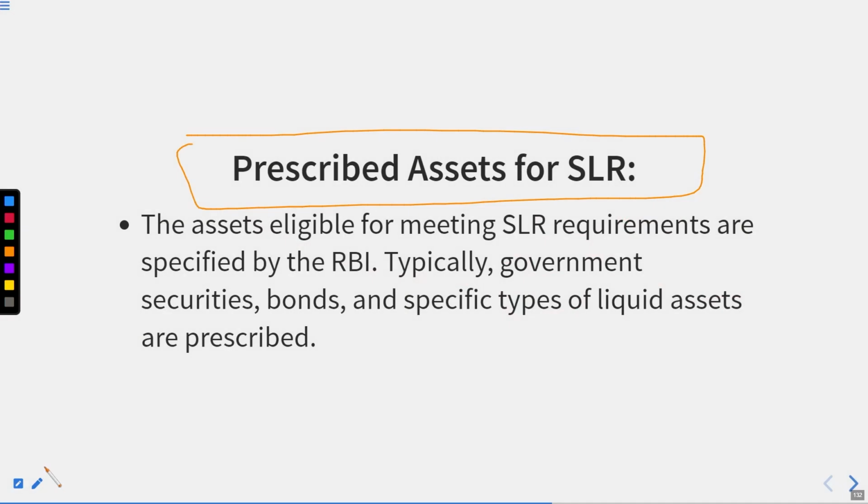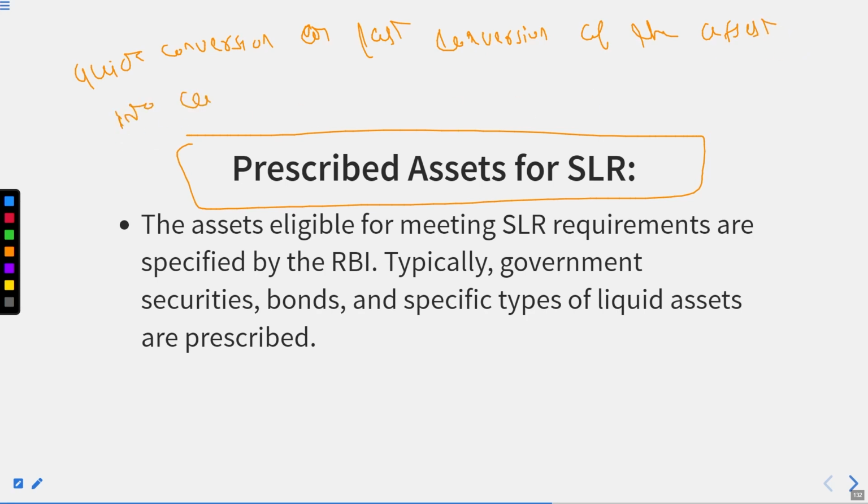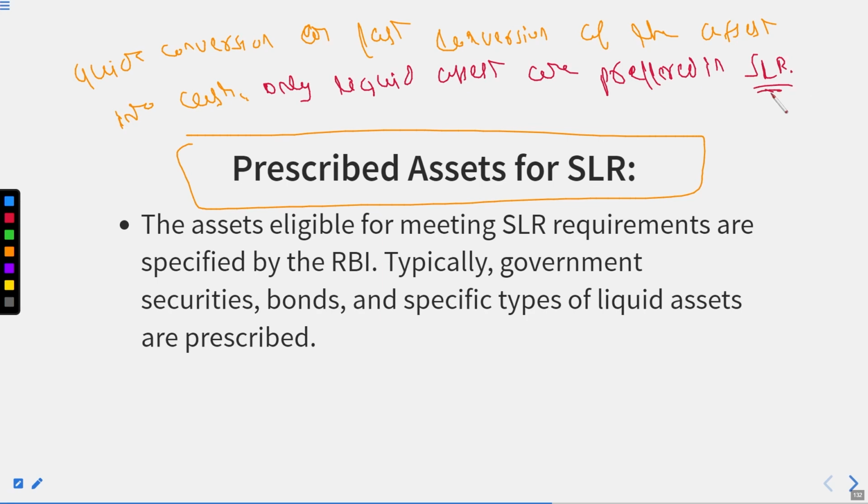Okay. That's why, due to the quick conversion, or we can say due to the fast conversion of the asset into cash, only liquid assets are preferred in the SLR because they could be converted into the money immediately.